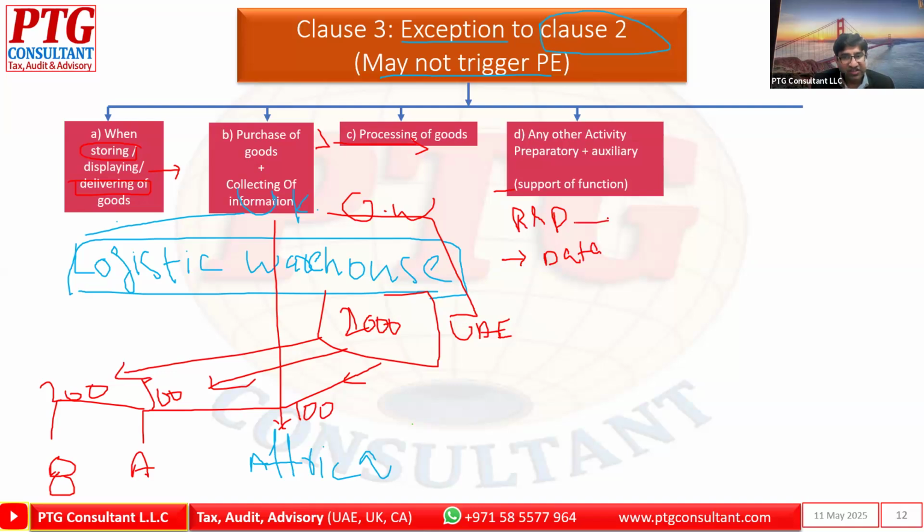So whatever activity this research team is doing, is it commercial? Does it meet the condition of PE? Guys, quickly respond. What does support function mean? This is not a commercial activity, so that also will not fall under the PE rules.